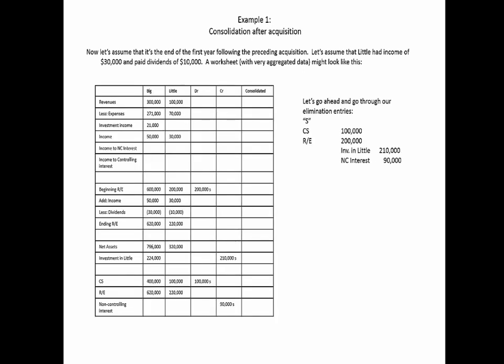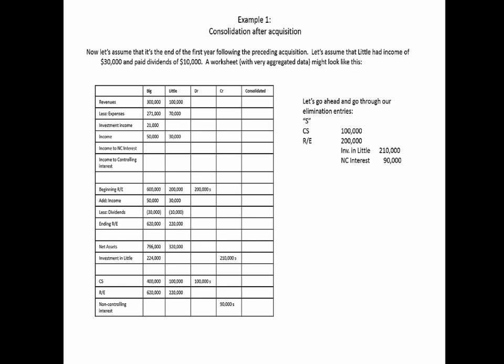Okay, so let's start going through our elimination entries. First, as always, we have our S entry, where we eliminate the subsidiary's beginning of year equity accounts. So we have a $100,000 debit to common stock and a $200,000 debit to retained earnings. Again, as always, please note that we're adjusting or eliminating the beginning retained earnings up in the Statement of Owner's Equity section. You should never see an adjustment or an elimination down in the ending retained earnings in the balance sheet.